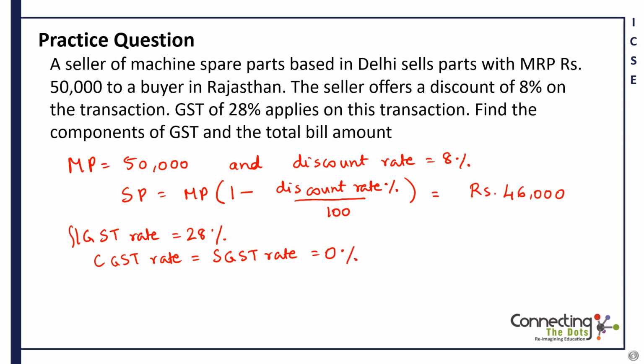So only IGST applies. So how do we calculate the GST amount? The GST amount is 28% of 46,000, which is equal to 12,880 rupees.